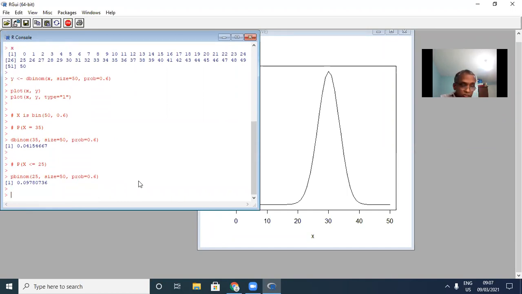But now suppose you want to find the probability that x is between, say, 20 and 30. Because x is a discrete random variable, you can write this as the difference of these two probabilities.